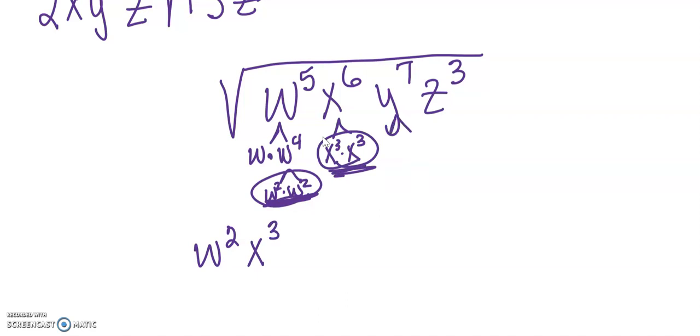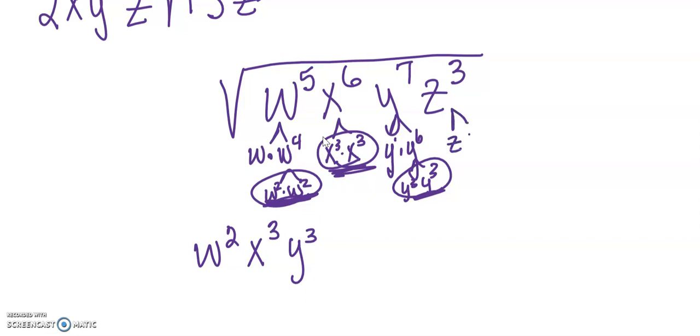Let's look at y. It's odd, so I'm going to take the odd number and then y to the 6. Remember, because y to the 1 and y to the 6 is y to the 7. So now we're going to split up y to the 6 into y cubed and y cubed. There's 2 of a kind, so it will come out. Z to the 3rd.